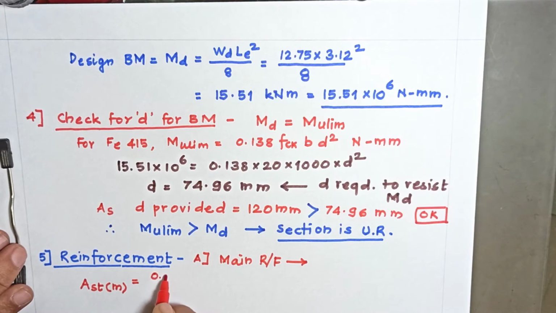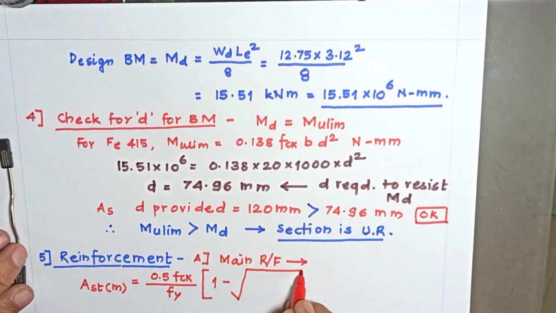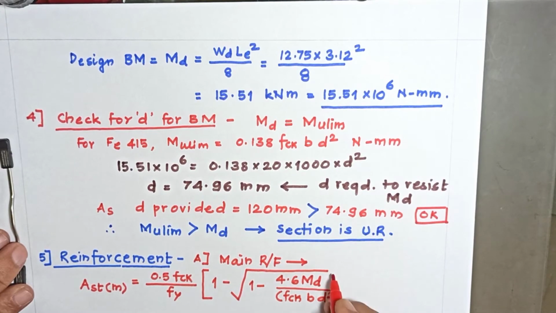So 0.5 fck upon fy into bracket 1 minus under root of 1 minus 4.6 Mu or MD upon fck B into D square, bracket complete, this bracket also complete, multiplied by B into D. MD means design moment, that is ultimate moment.